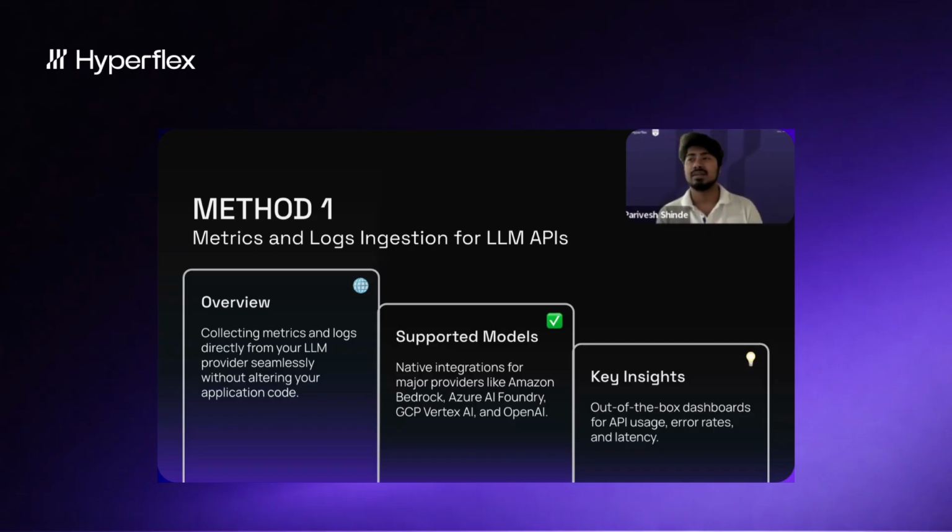How do you do it? You need an Elastic agent in place. Then we have our Elastic integrations for the supported models. Right now it is supported for OpenAI, Google, Azure AI Foundry, Amazon Bedrock.